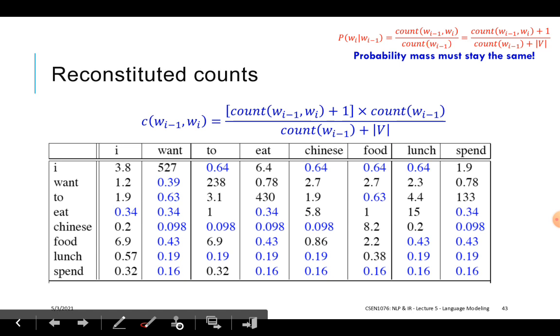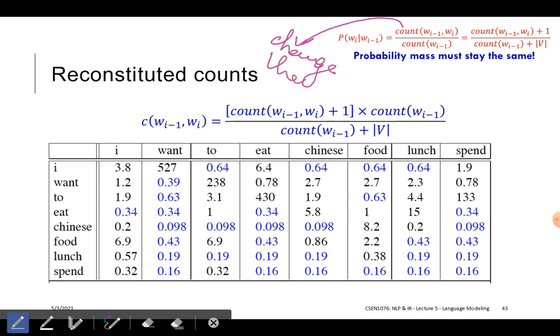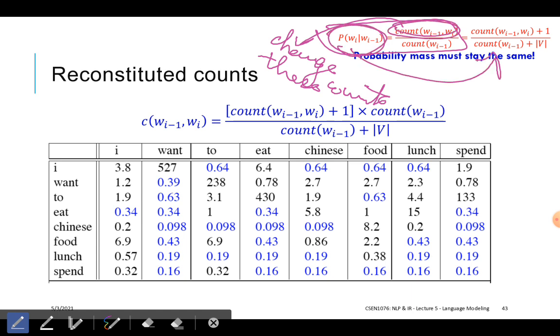So basically what you need to do is change these counts. How would you do that? You will just reverse this equation. This is something that is equal to this, so you just need to count this because this is going to be the same. This is the total. And then you will end up with adjusted counts.